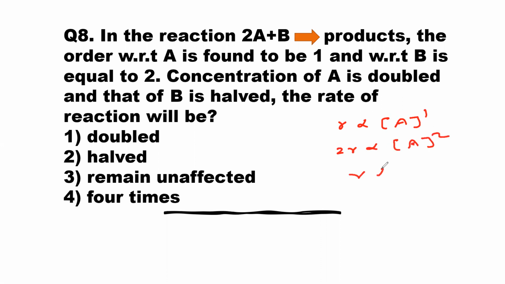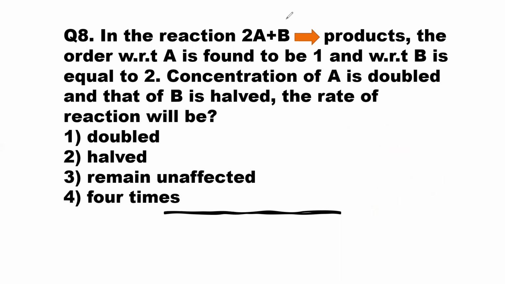Similarly, R is proportional to B to the power of 2. If B is decreased to half, then R becomes R by 4. So it is decreasing 4 times here and increasing 2 times. On the whole, it is half. So the answer is half. I hope it is clear.